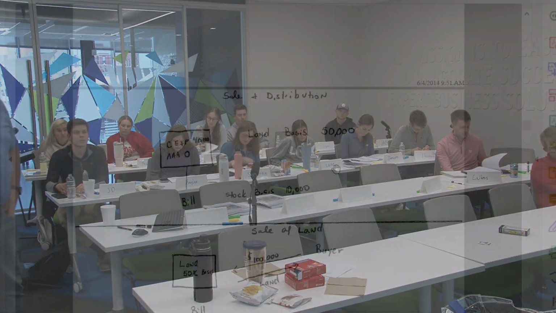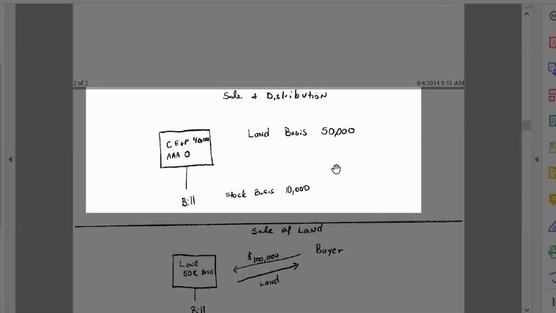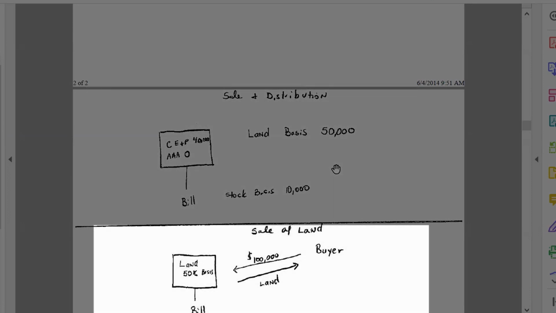So if we have land with basis of $50,000 and Bill owns the corporation, and the AAA has a balance of zero, if the corporation sells the land for $100,000, how much gain is the corporation going to have?